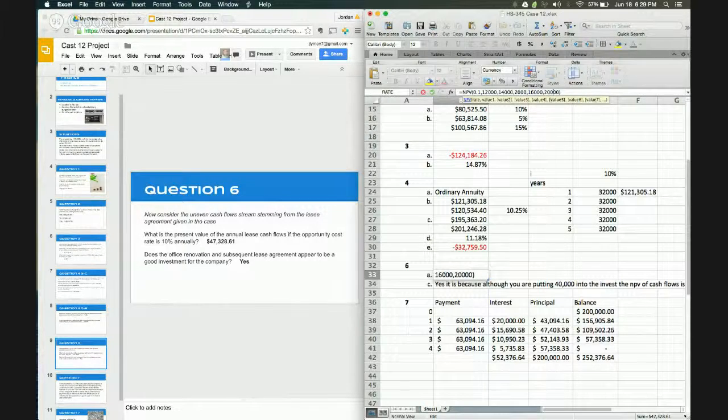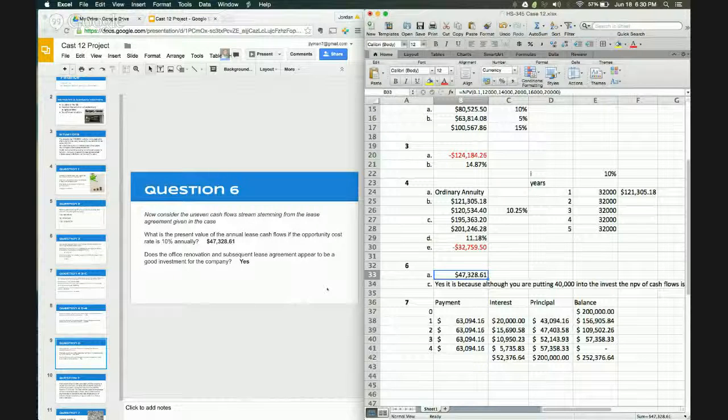So when they're uneven, you have to make sure to enter each value for the end of the year into net present value. We hit enter, it accumulates quickly. We end up showing $47,328.61.